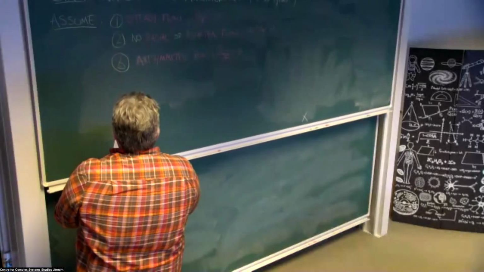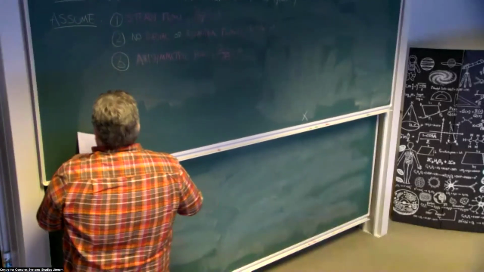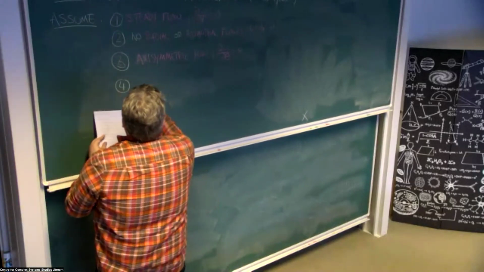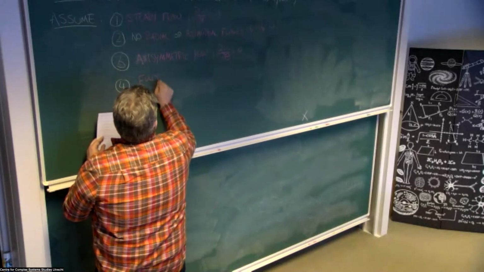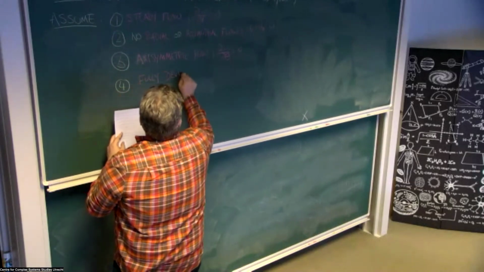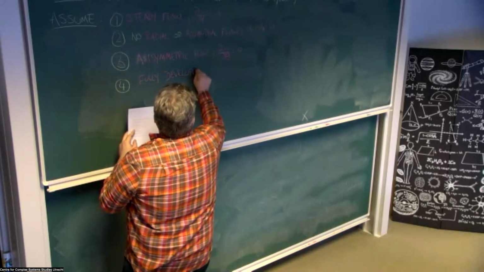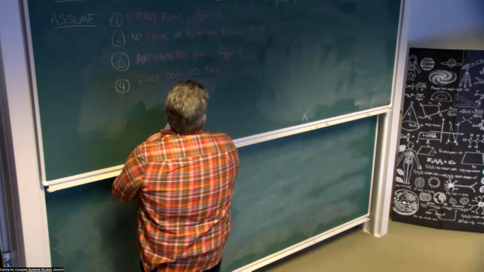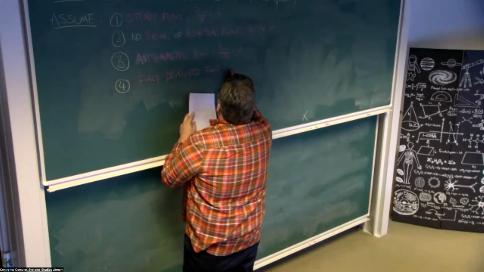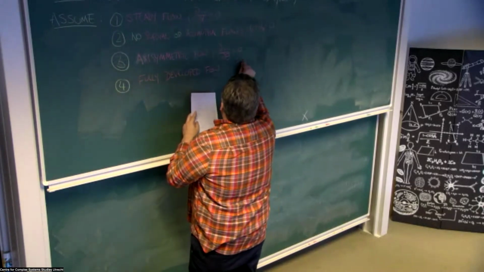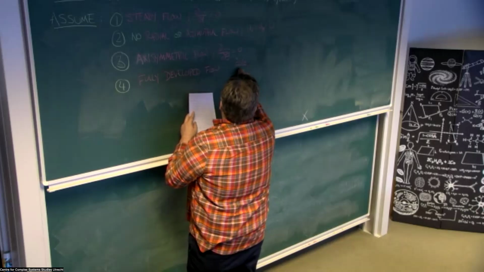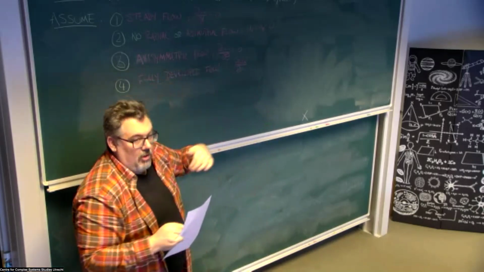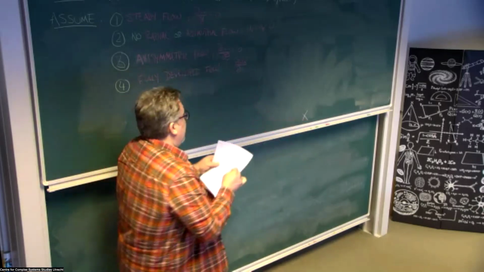And then one last assumption. We're also going to assume that we have fully developed flow, which sounds like steady flow, but it actually means something slightly different. It means that the flow profile in the x direction along x is also constant.